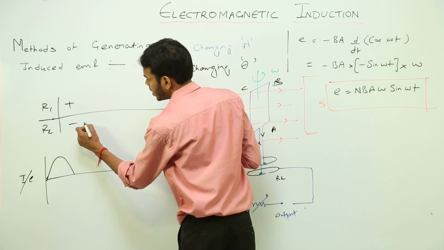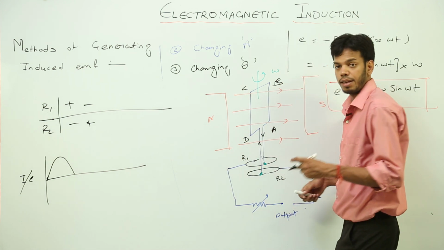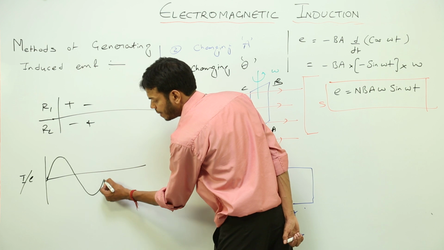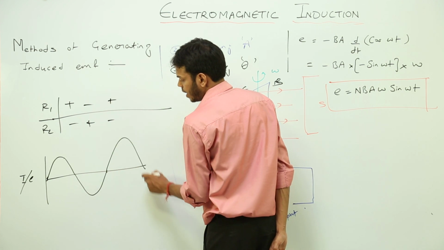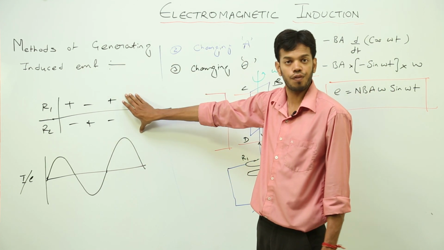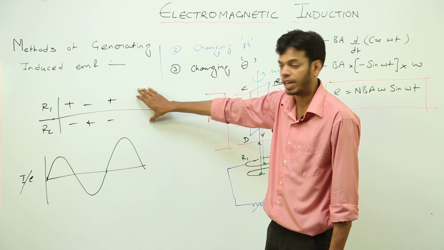So R2 becomes positive and R1 becomes negative, and the magnitude of induced EMF will keep on increasing up to a maximum and then keep on decreasing, and the next thing will happen in subsequent phases.